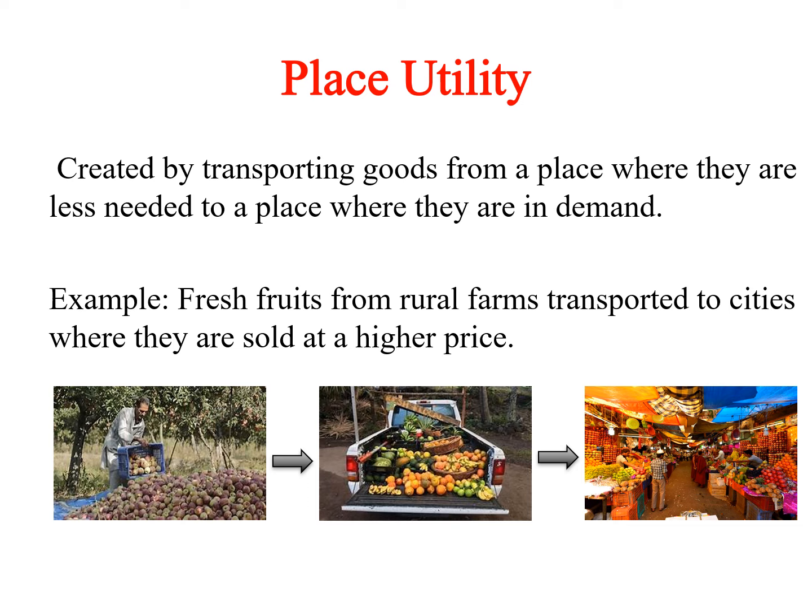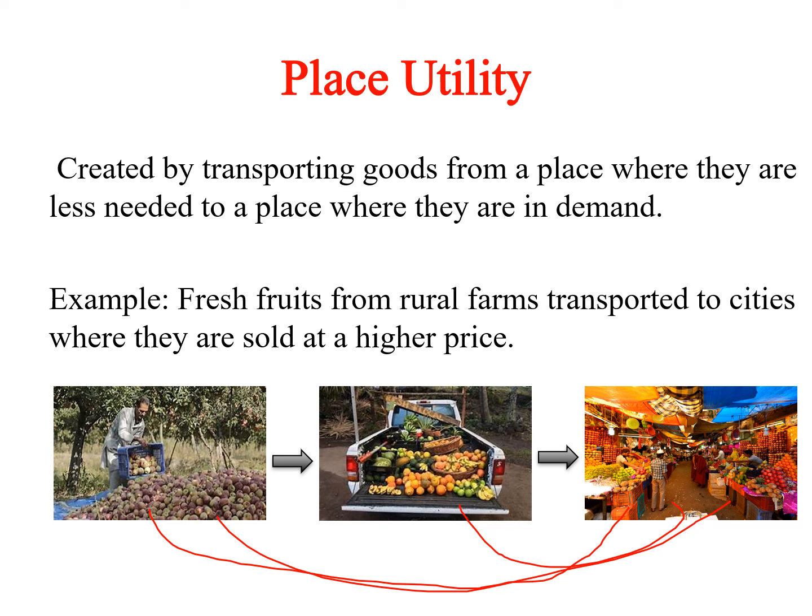For example, here we can see that fresh fruit from a rural area is transported to an area where its demand is high, such as the markets of cities. Here the demand is high and the farmer can get benefited from transporting their foods from their farm to these city markets.